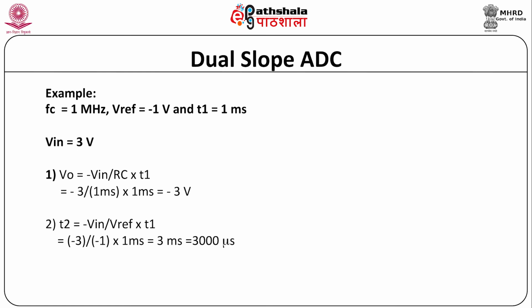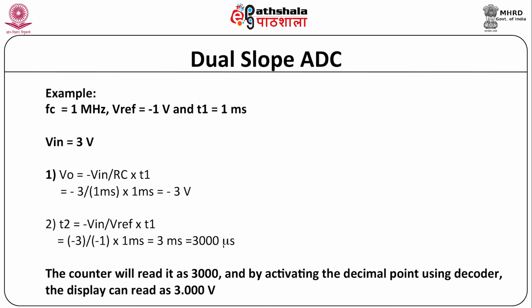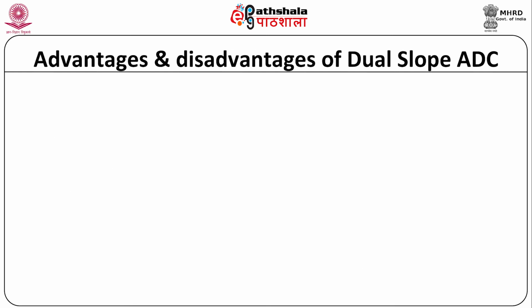Thus, we get 3000 microsecond. The counter will read it as 3000, and by activating the decimal point using a decoder, the display can read as 3.000 volt.